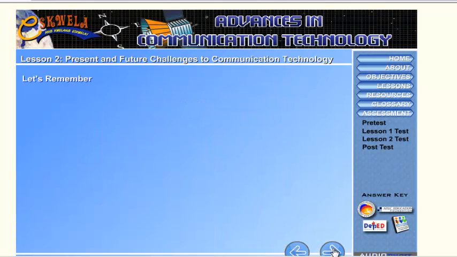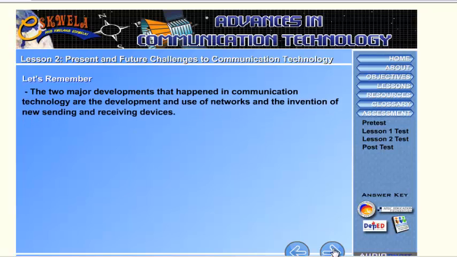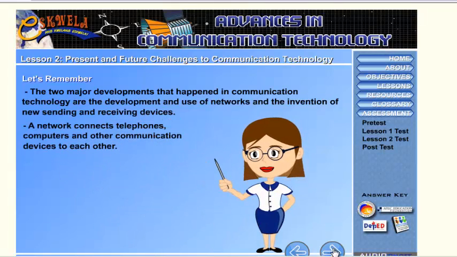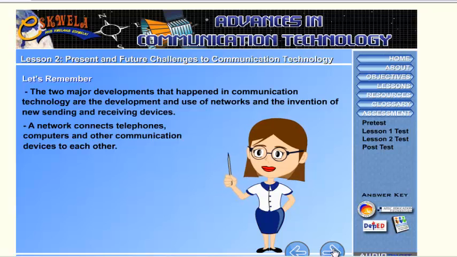Let's remember the two major developments that happened in communication technology are the development and use of networks and the invention of new sending and receiving devices. A network connects telephones, computers, and other communication devices to each other.